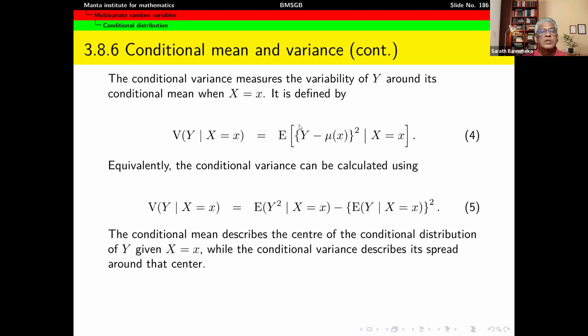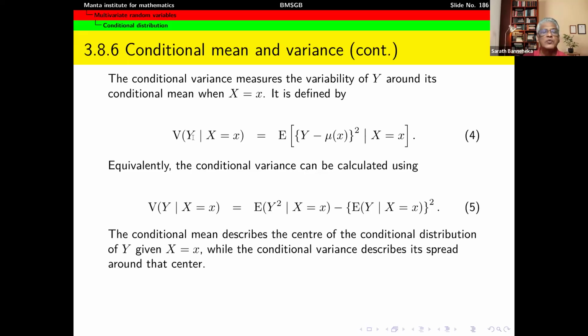Right. So the variance of y given x can be defined as the expected value of y minus mu x, squared, given x is equal to a simple x, right? So this simple x is a fixed value. So at that value, mu x will be a fixed value also.